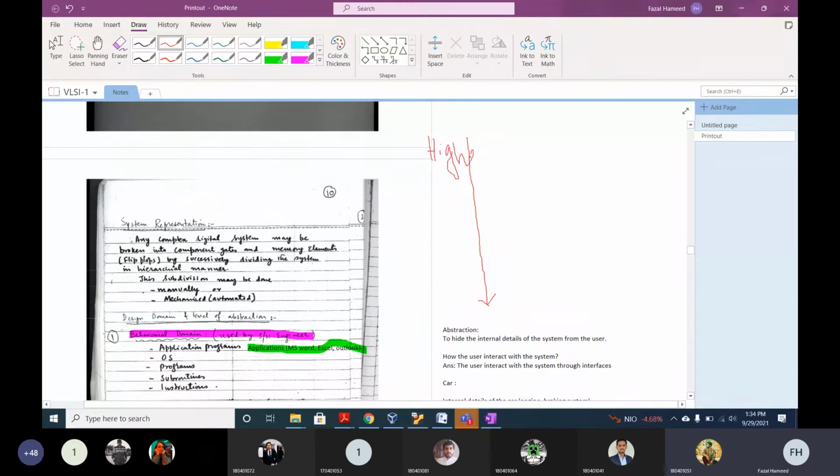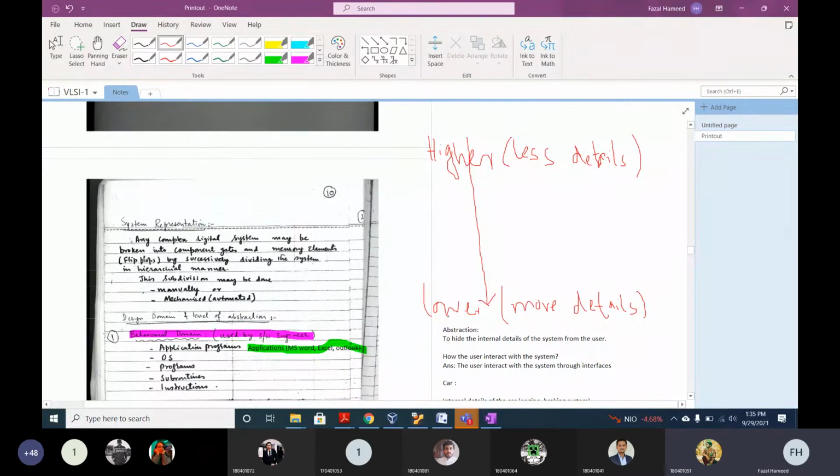At the higher level there are fewer details, and at the lower level there are more. The higher level of abstraction is closer to the system user, and the lower level is closer to the machine.